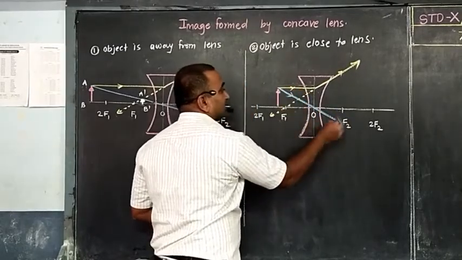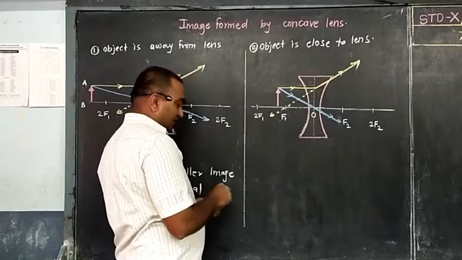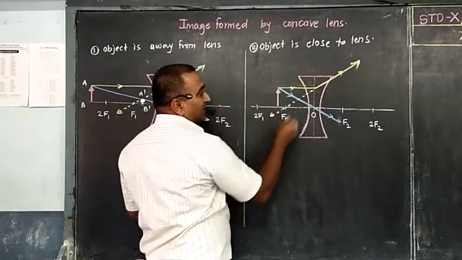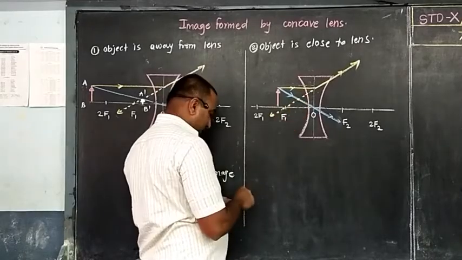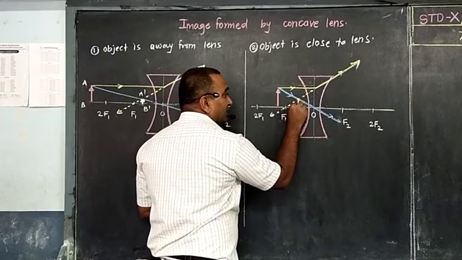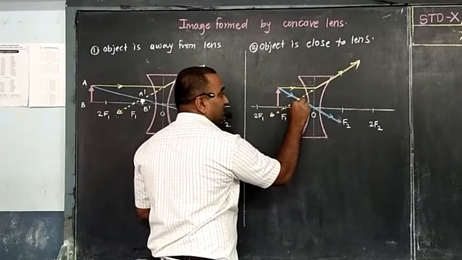The actual meeting location of these two rays is here, imaginary. As it is imaginary, we are getting the image here.